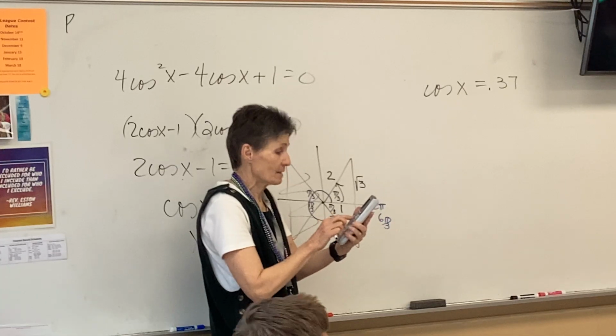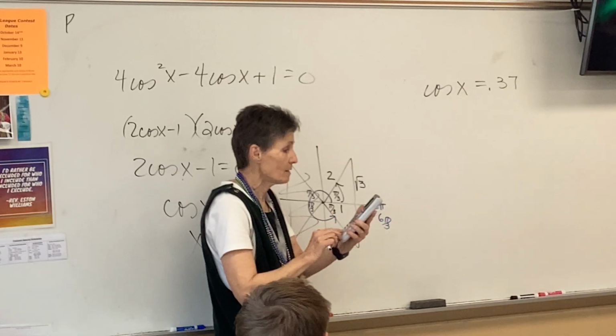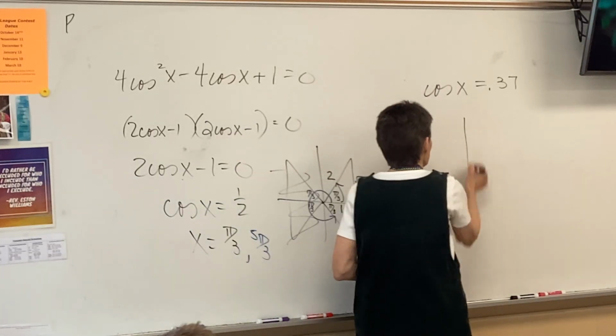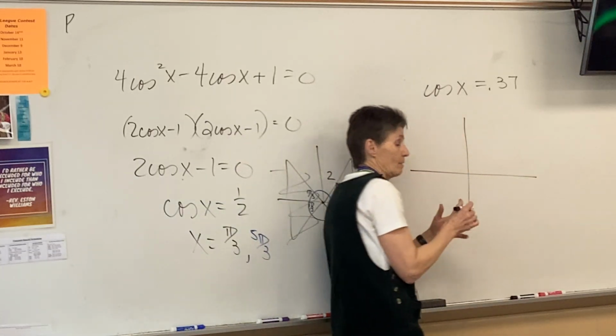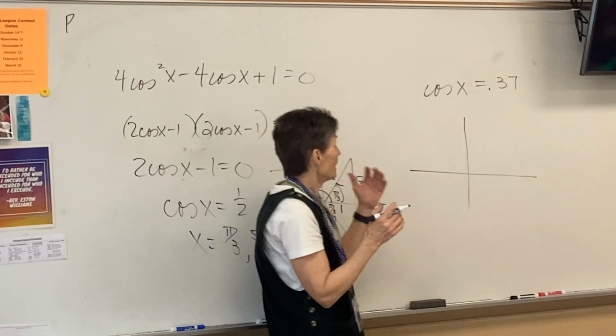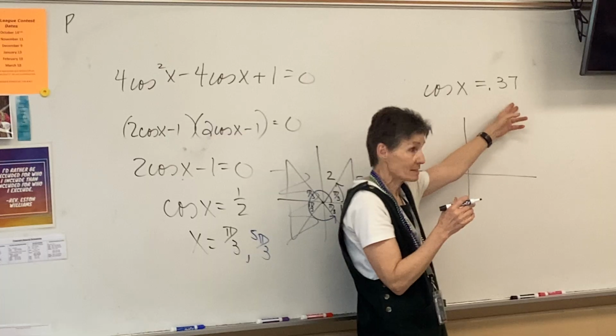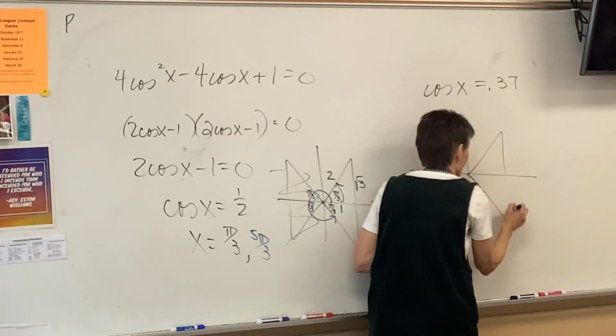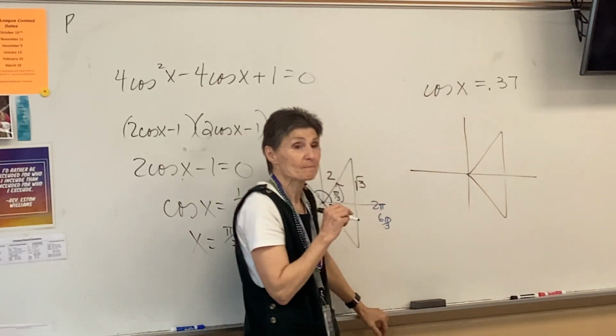Radians? All right, let's put ourselves in radian mode. And figure out where we are. Degrees or radians, it doesn't matter, we're the same place. Again, cosine is positive, and that happens over here. Would everyone agree with that?